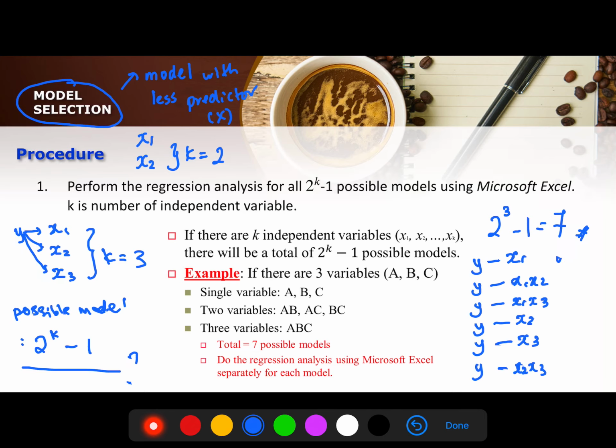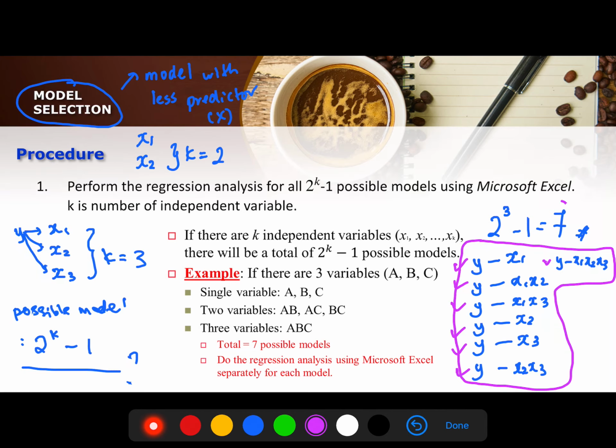And the last one, y depends on x1, x2, x3. So this is what we call 7 possible models. The number of possible models depends on the number of independent variables that you have.